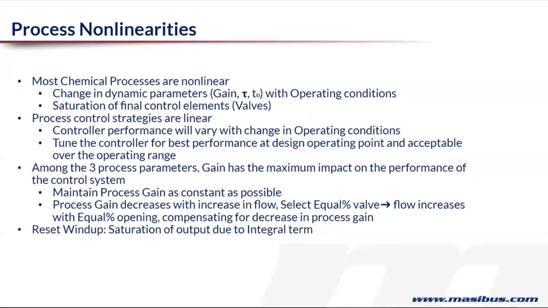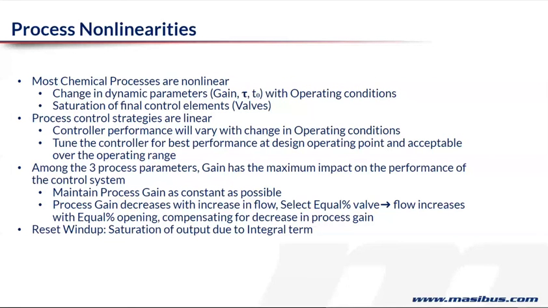Because these are dynamic parameters, whenever the gain of the process will change, you've got to change the gain of the controller also. So generally, we will see later on why the gain changes in a process like the steam heater. In fact, it can be calculated by an equation, and accordingly you will have to change the gain of the controller.